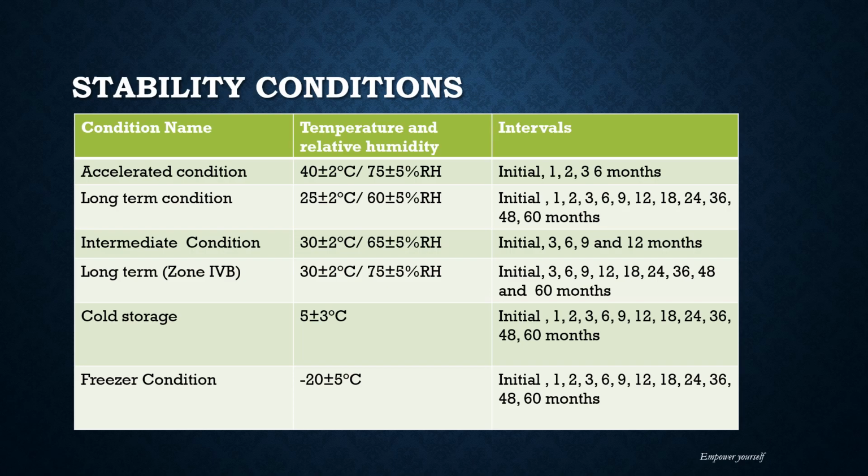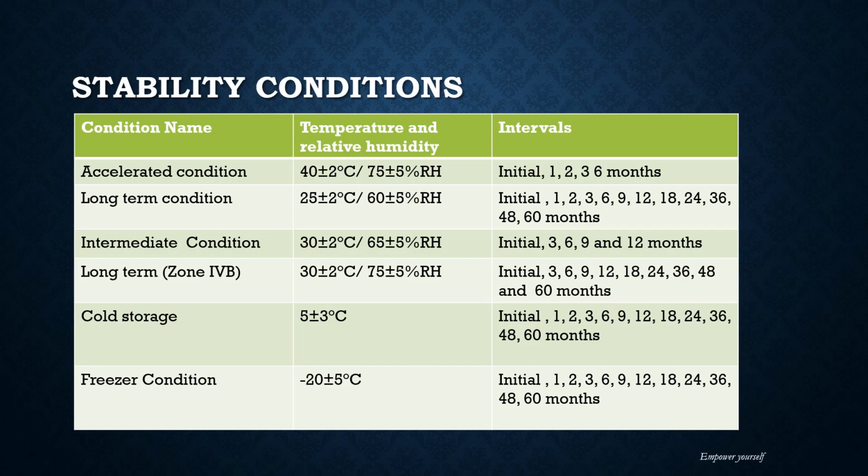Long-term zone 4B: 30 plus or minus 2 degrees centigrade, 75 plus or minus 5% RH. This is the condition for when my product is being distributed to the zone 4B area, which is very hot as well as a higher humid region. When I place the product in this temperature and relative humidity, these are the intervals that we are going to test to give the assurance that my product is not being altered or varied by the influence of this temperature and relative humidity.